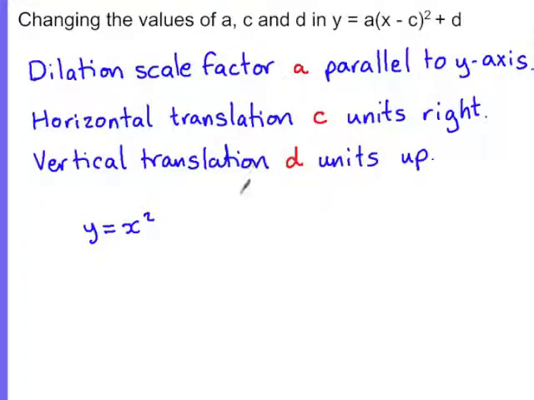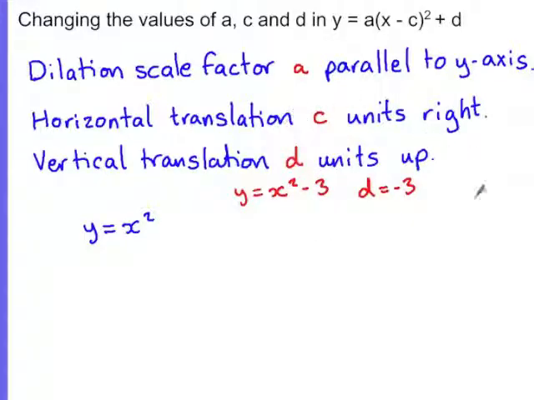Now in our example we had y equals x squared take 3, so notice that the value of d here is negative 3, and therefore our function translated 3 units down.